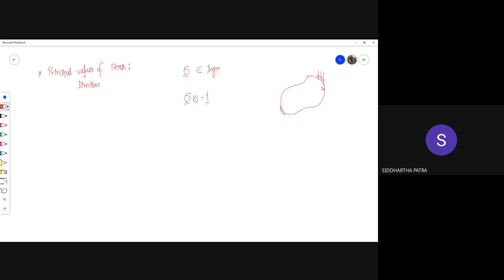Okay. Now at any point within the material, within the continuum, okay, if I were to take an imaginary plane, okay, so exactly at point P, although I'm extending the plane to plus and minus infinity, but exactly at point P, the traction, which is basically force per unit area, okay.